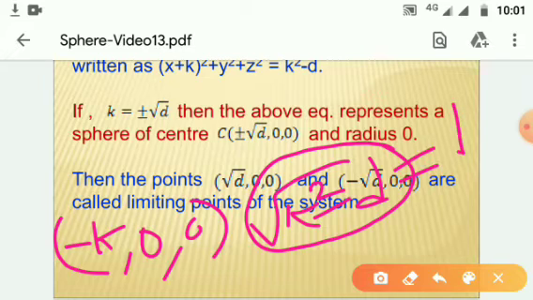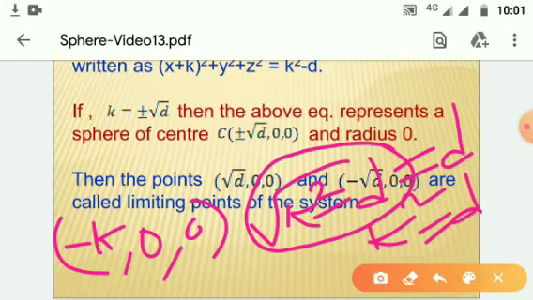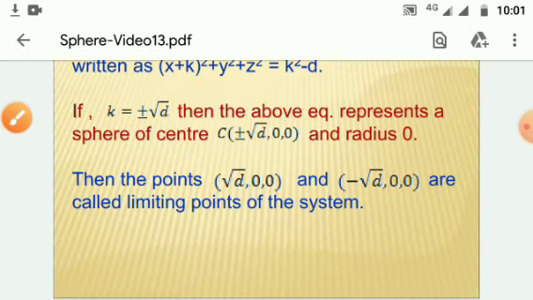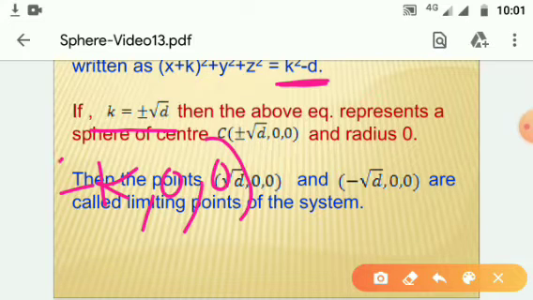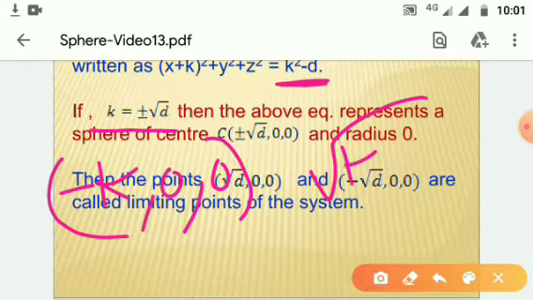So root k square minus d is equal to 0. This is obtained by taking k square is equal to d, then k is equal to plus or minus root d. Therefore if you take k is equal to plus or minus root d, then obviously k square is equal to d, then the radius will become 0, and the center is minus k 0 0 and radius root k square minus d.